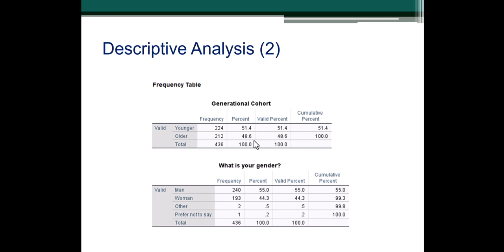Okay, so when you produce a table, ensure that you include only the information that's relevant, and ensure you refer to that within the text to make sure the reader looks at it. So for example, if you paste this in, you've got frequency, you've got percentage, a valid percent and a cumulative percent, and you don't need all of that information.